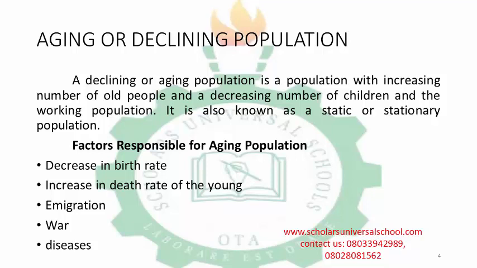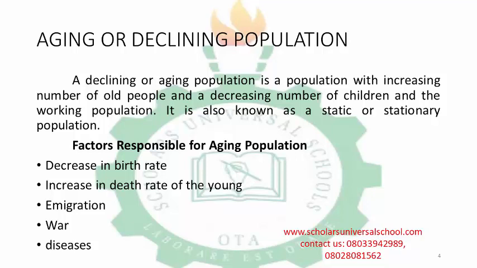The third factor is emigration. Remember, in the last class, we discussed the determinants of a population, where we have birth rate, death rate, and migration. And under migration, we divided it into two: immigration and emigration. Emigration simply means the total number of people that are leaving a country to another country, or leaving a particular geographical area to another area.